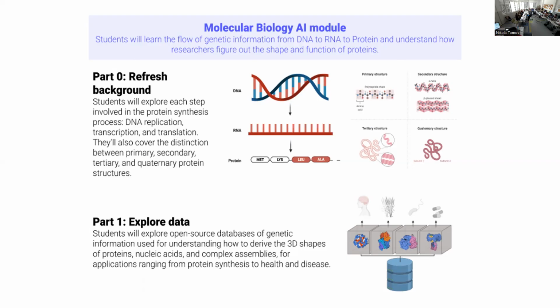And then they would go and explore the data over here. They would use open databases to explore the data. And they would say, okay, I have information concerning the 3D representation. I have nucleic acids. I have complex assemblies.